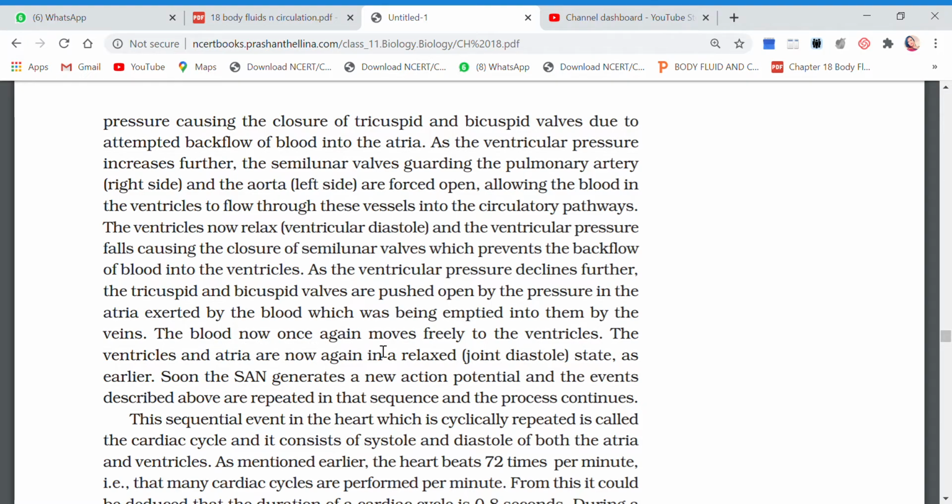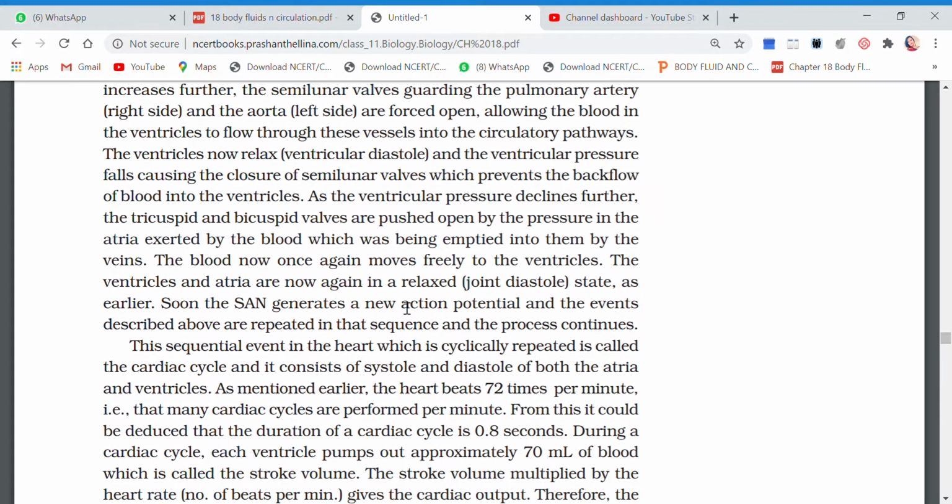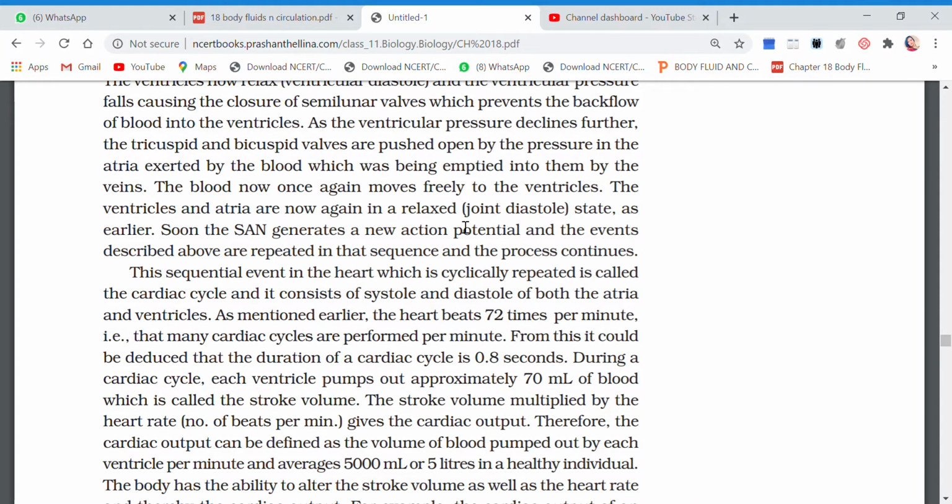The blood moves once again freely into the ventricles. So the ventricles and auricles are again in the joint diastole stage as earlier. We started from the joint diastole state and we have again reached the same state. So one single cycle is complete, and this is called the cardiac cycle.